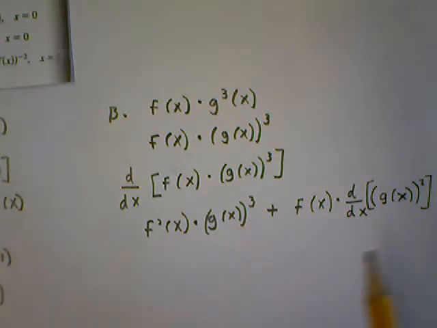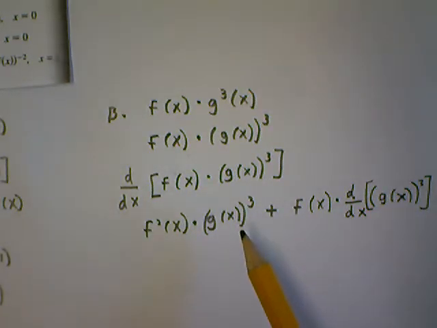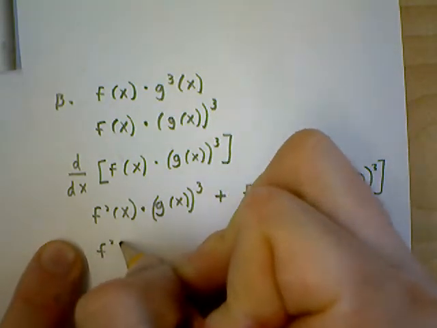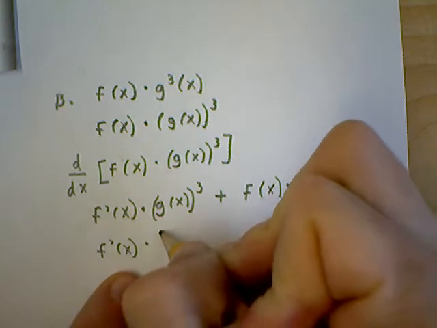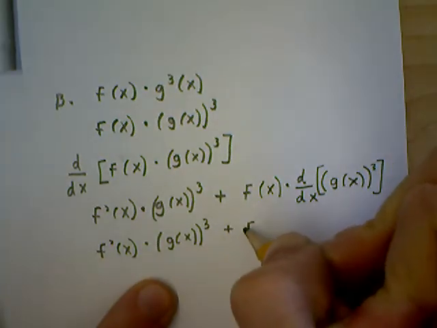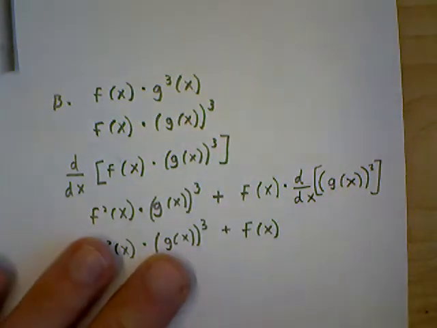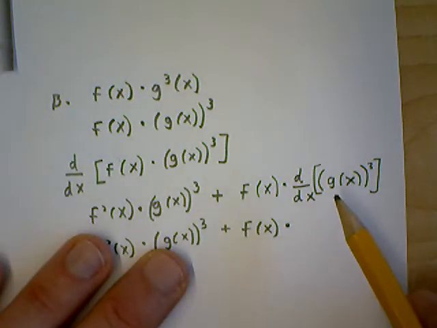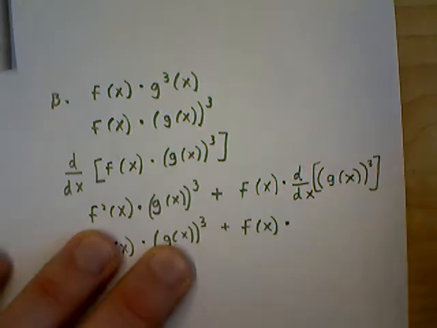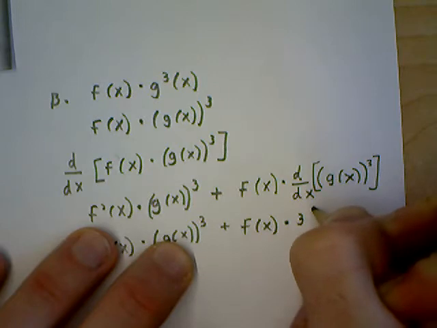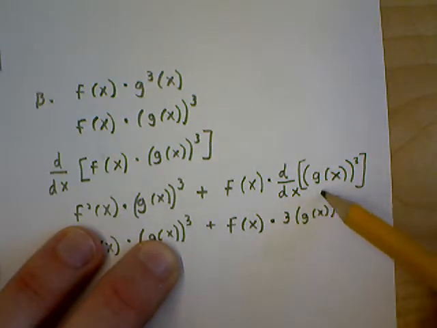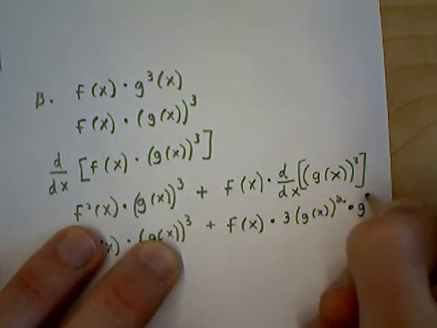Now I'll leave everything the way it is, except for over here. So let's bring everything down. I'm going to have f prime of x times g of x cubed plus f of x times, right here I see my inside function is g of x, my outside function is u cubed, so I'm going to bring down the 3, I'm going to have g of x squared. I have to bring out the inside function and multiply by the derivative of the inside.